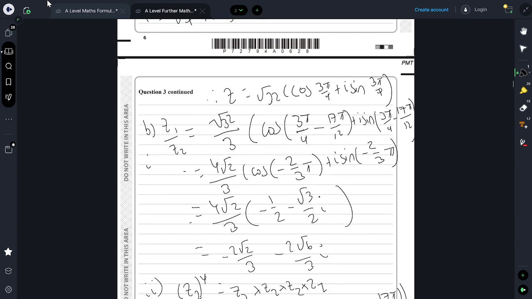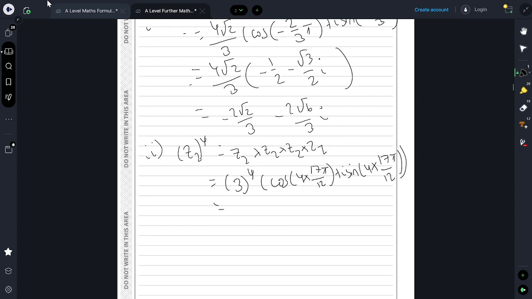And so then if you bung that into the calculator, well, 3 to the 4 is 81. Let's work this out. Put that into the calculator. No need to do any more work than we need to. Cos of 4 times 17 pi over 12 gets you a half.